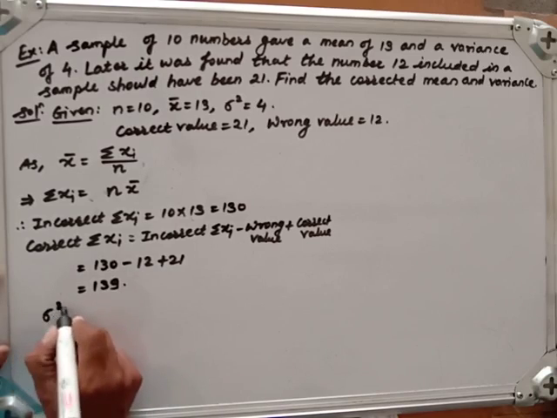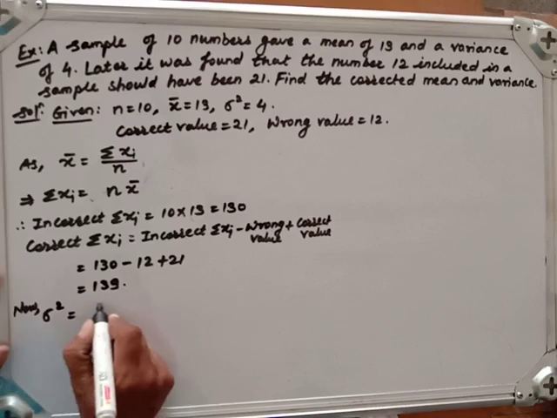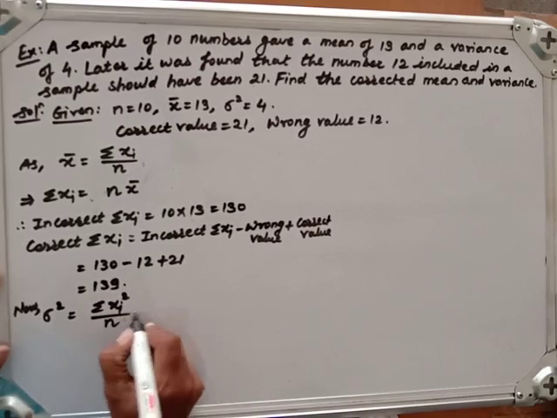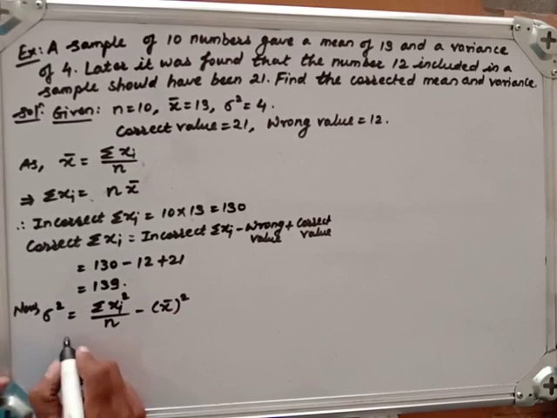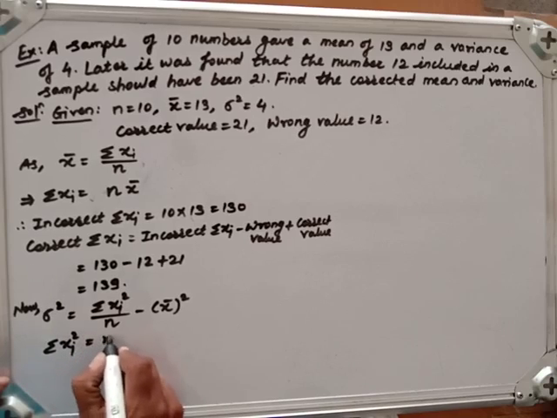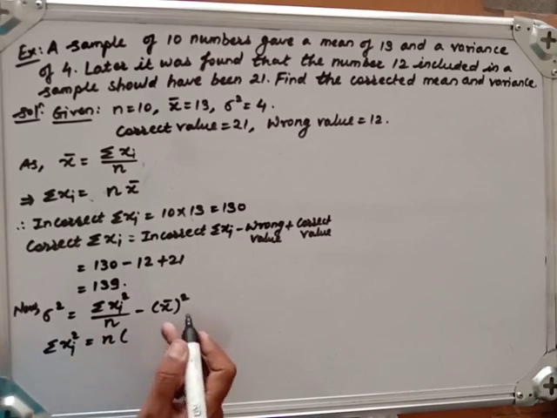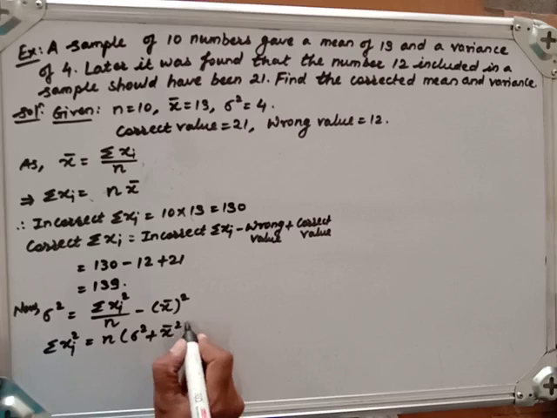Now, variance is summation xi square upon n minus x bar square. So summation xi square is n into sigma square plus x bar square.